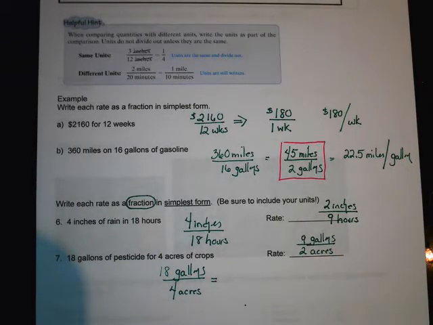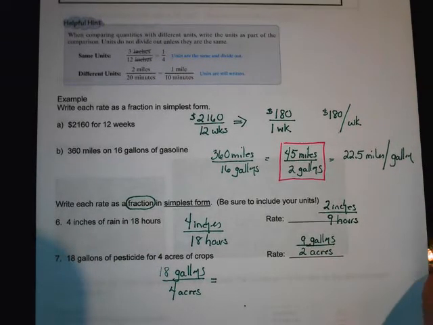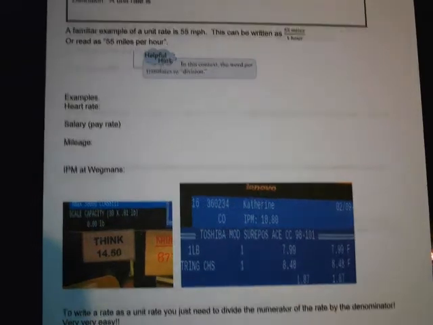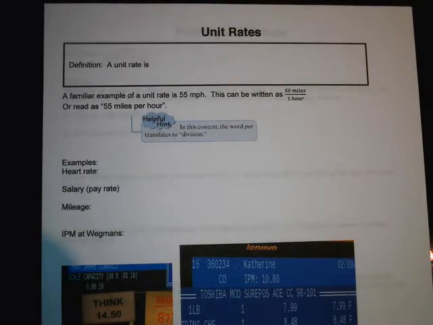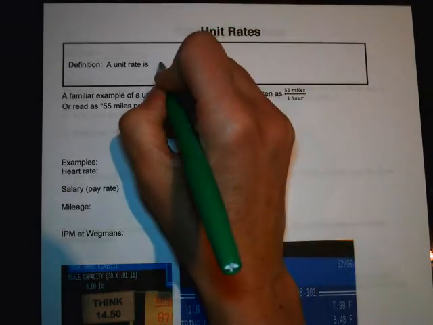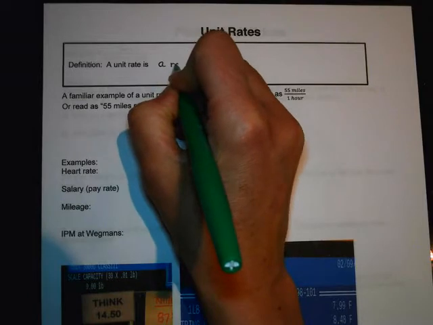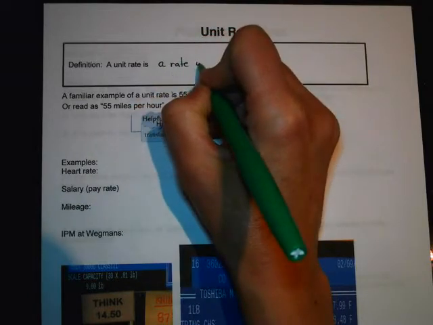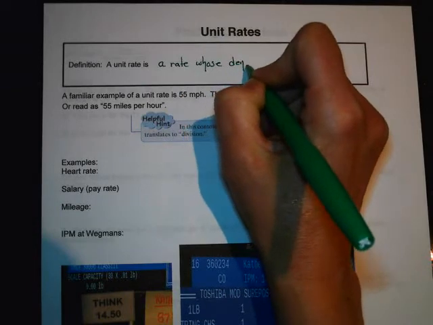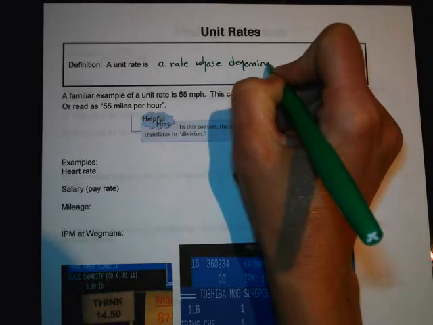All right, so now we need to look at a unit rate, and that's what my dad was interested in. So a unit rate is a rate whose denominator is 1.